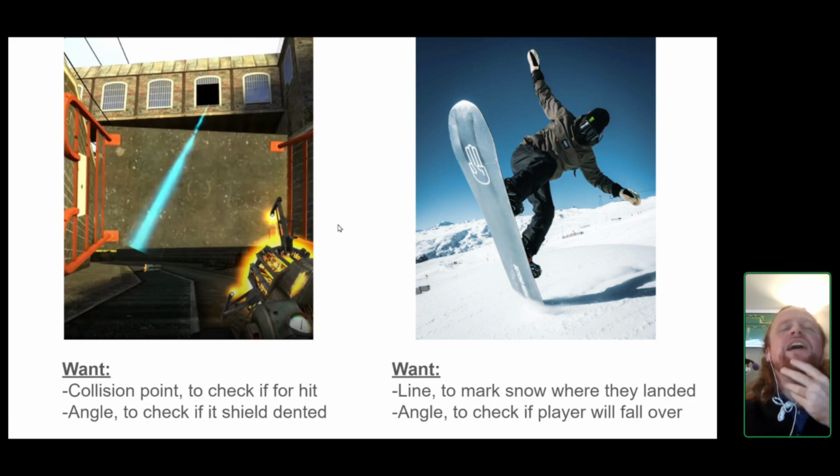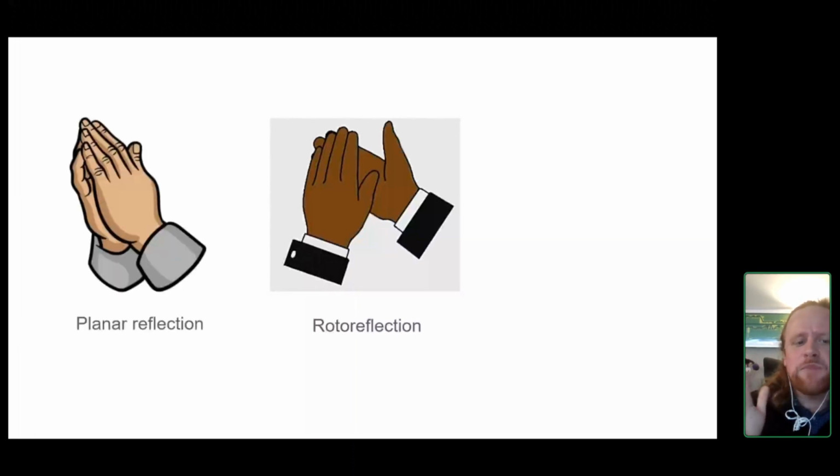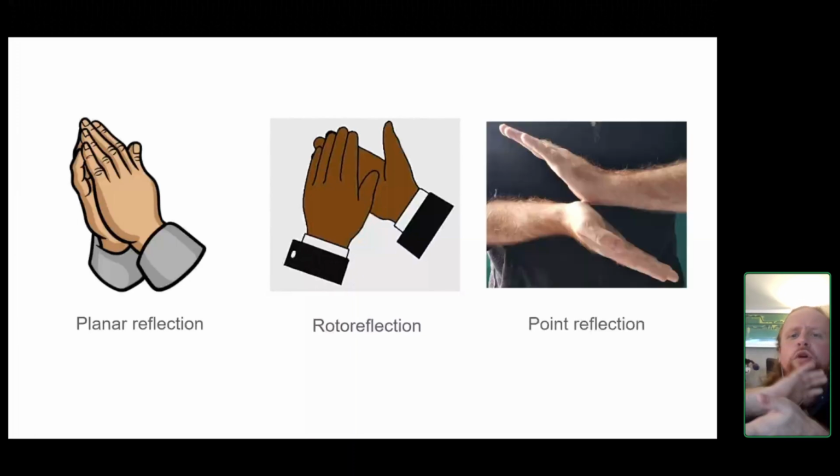And it turns out that a thing that's very useful to know about if you're going to solve these problems is a rotoreflection. So what's a rotoreflection? It's very simple. It's just more or less this, right? It's a reflection followed by a rotation. It's somewhere in between a planar reflection and a point reflection.